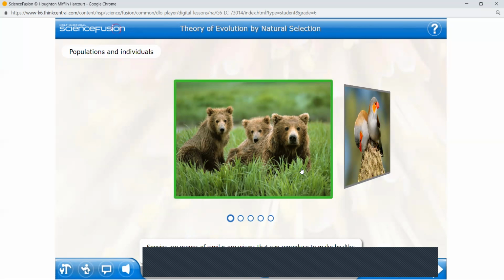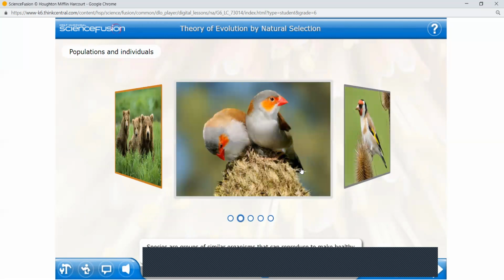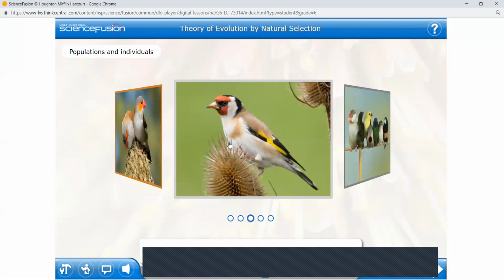Species are groups of similar organisms that can reproduce to make healthy and fertile offspring. Beautiful. The bird is so beautiful. A population consists of all of the individuals of a species that live together. Girls, did I explain to you about population and community? That is a group that lives in the same area.